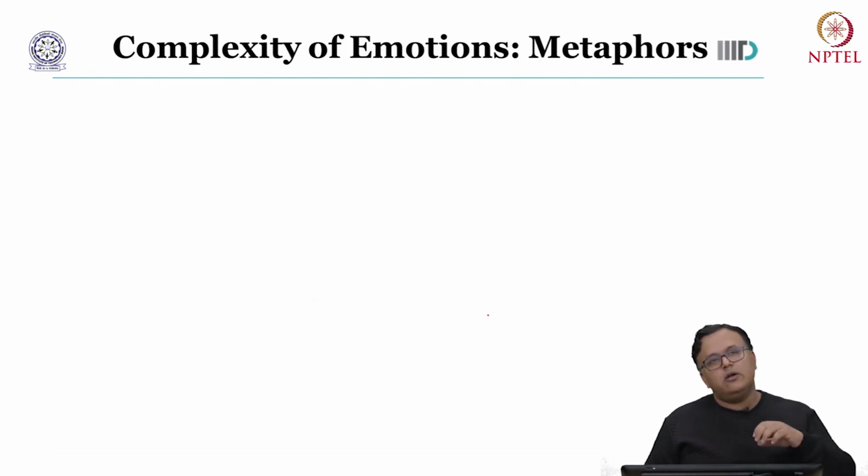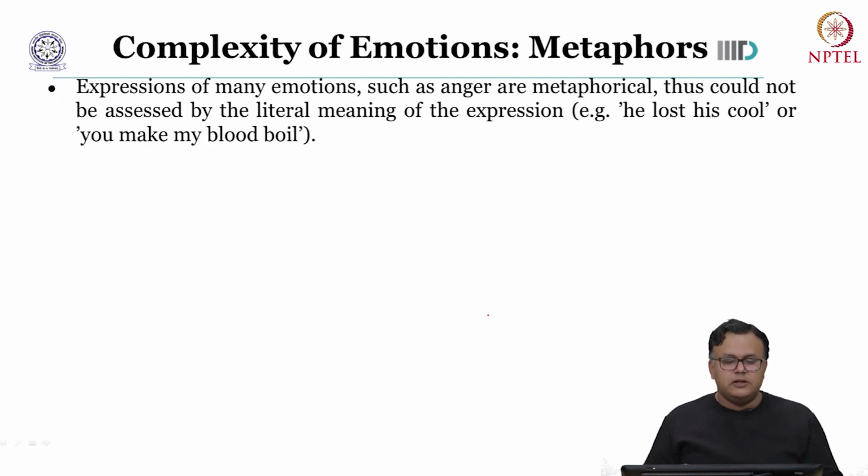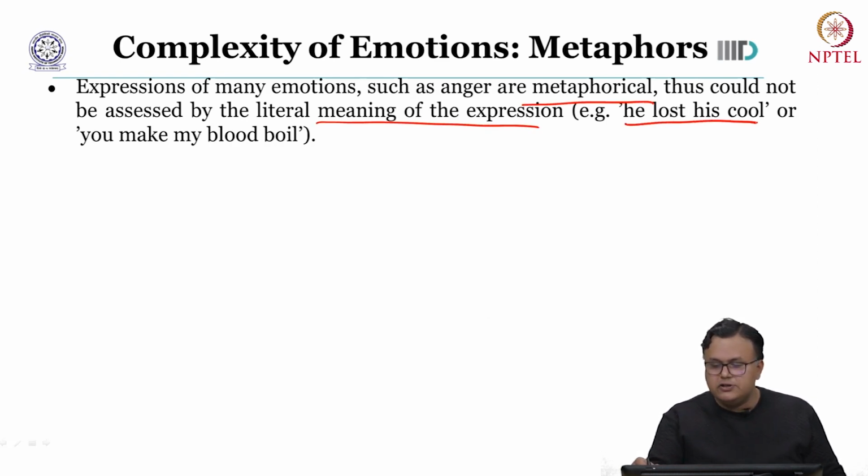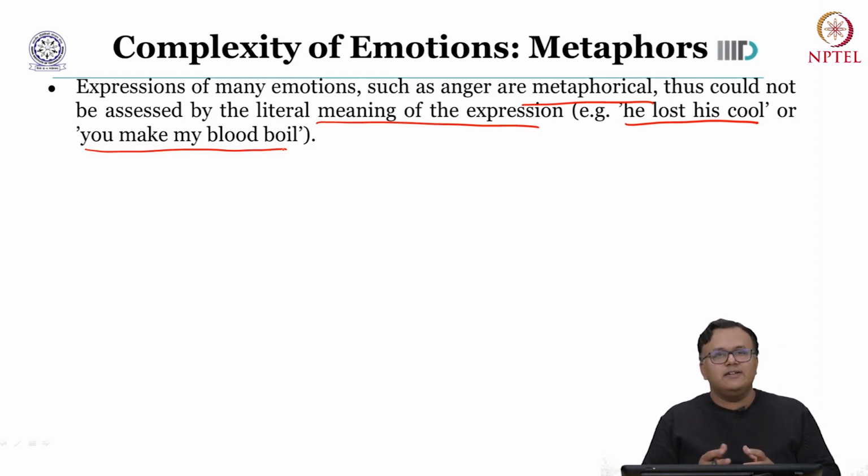So emotions can also be represented metaphorically, right? So if you see expressions of many emotions such as anger, they are metaphorical. Therefore, they cannot be assessed by the literal meaning of the expression. Listen to this example, friends. "He lost his cool," or "you make my blood boil." So these are metaphorical in nature.